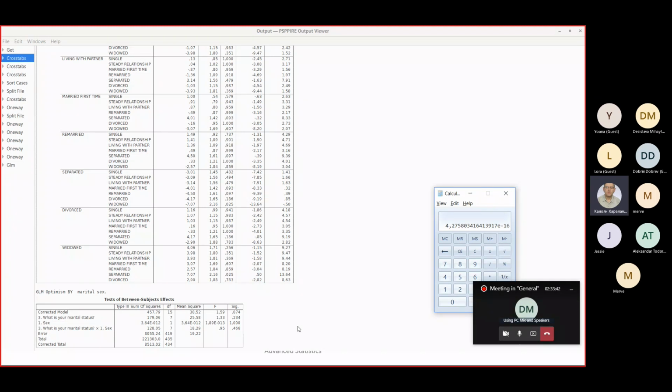So this is the way of measuring the strength of the relation separately for each factor.